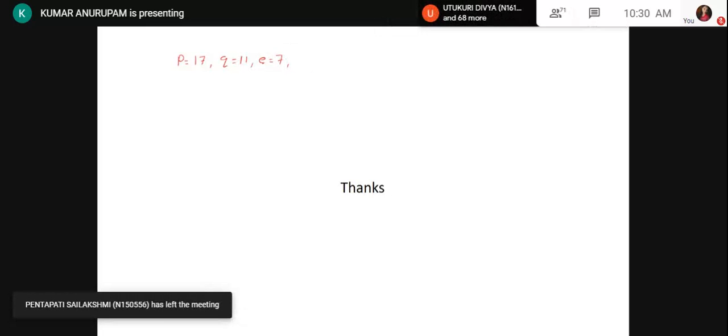And finally the plain text M is given as 88. I need you to find out the value of D. What could be the value of D? What could be the public key? What is the private key? And what is the value of C?